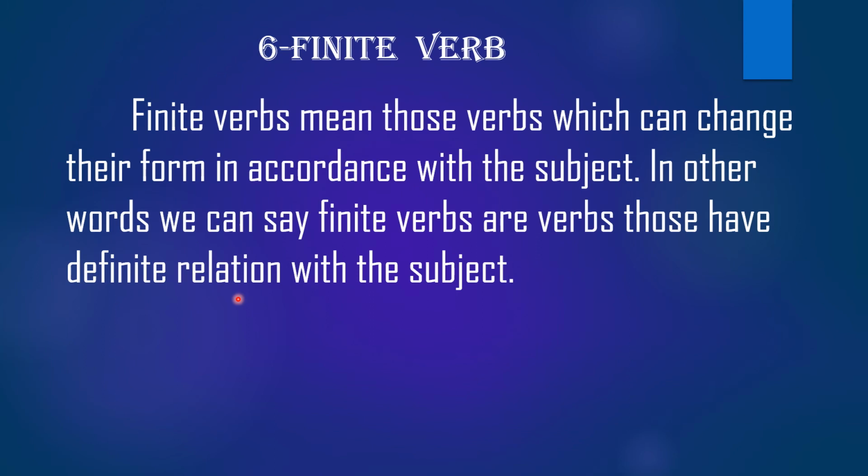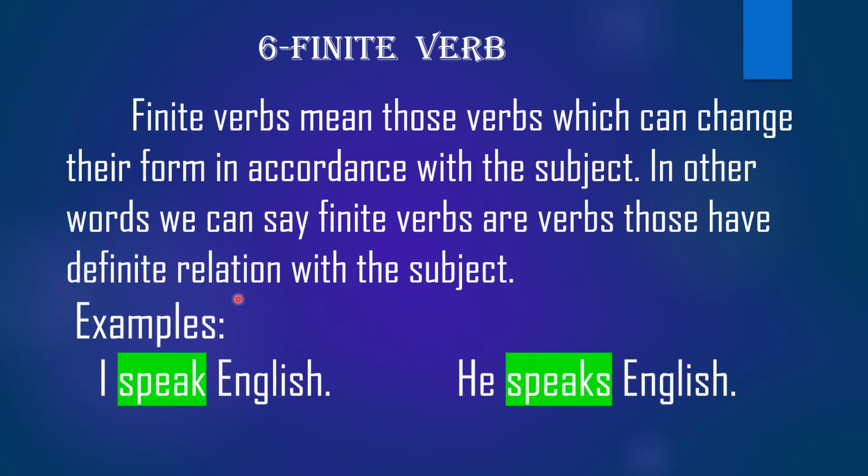इसे हम example लेके और क्लियर करेंगे। See here, I speak English. In this sentence, speak is our verb. Same as in another example, he speaks English. Here, speaks is our verb. अब यहाँ आप गौर करेंगे कि यहाँ हमने s नहीं लगाया है, और यहाँ हमने speak में s लगाया है। क्यों? As per the subject. In the first sentence, the subject is in what?